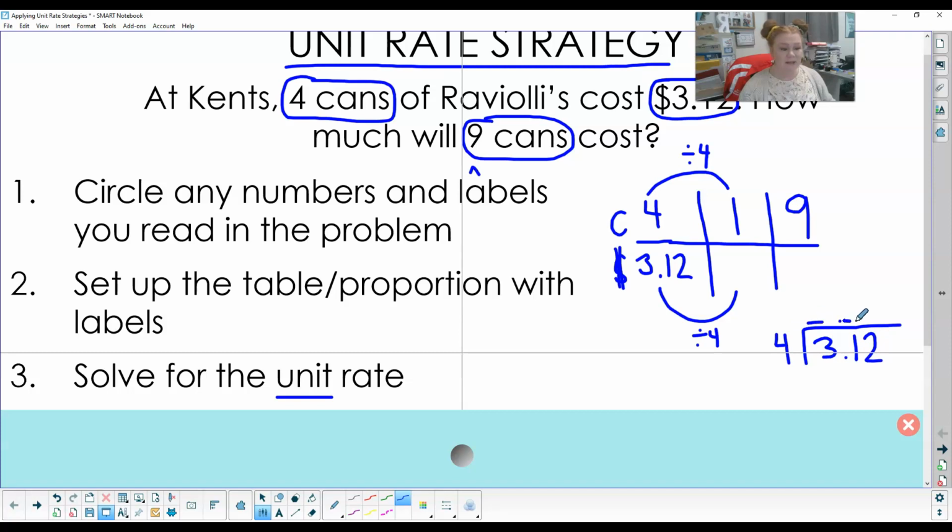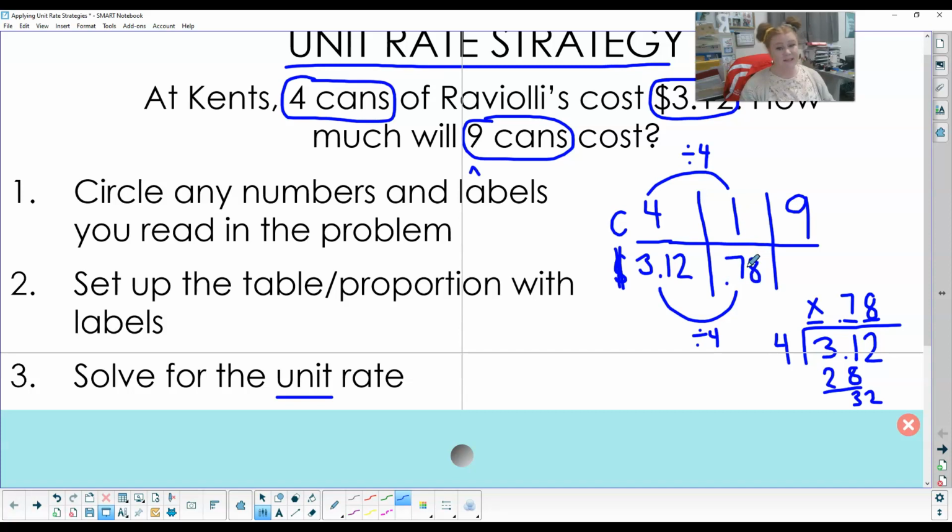Then there's our decimal, something above the 1 and something above the 2. 4 can't go into 3, but it can go into 31 7 times. 7 times 4 is 28. Then subtract is 3, bring down the 2. 4 goes into 32, exactly 8 times. So this tells me every time I buy 1 can of raviolis, it is going to cost 78 cents.